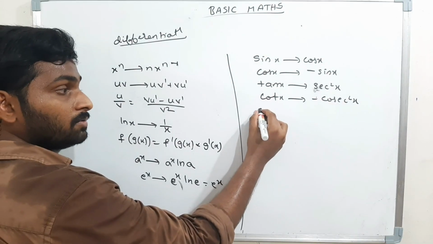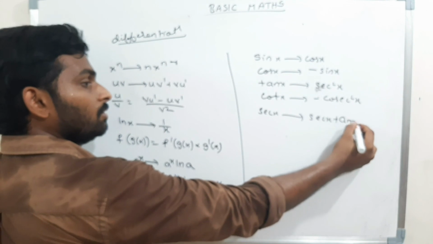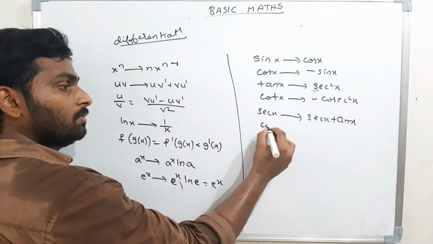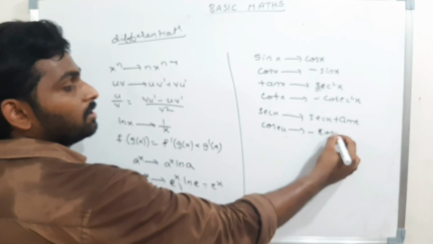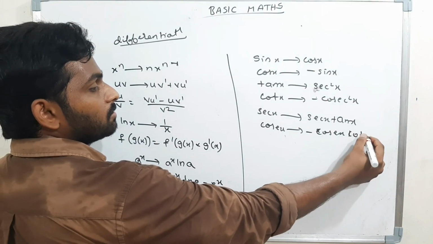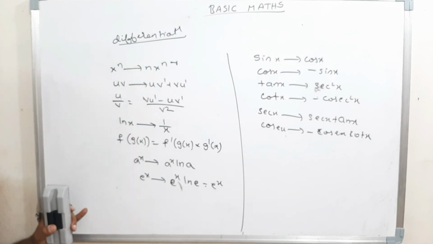Now next, differentiation of secant x is secant x into tan x, differentiation of cosecant x is minus cosecant x into cot x. These are the basic differentiation formulas we need in the problems.